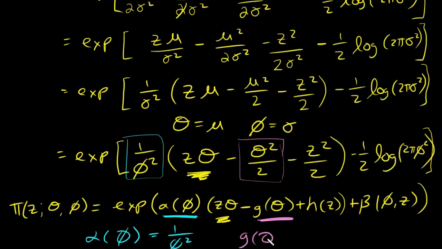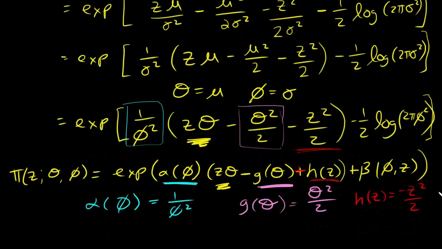So g, a function of theta, is going to be theta squared over 2. All right. Then I have h of z. That'll be this piece back here, including that negative sign because this is a plus right here. So h of z will equal negative z squared over 2.